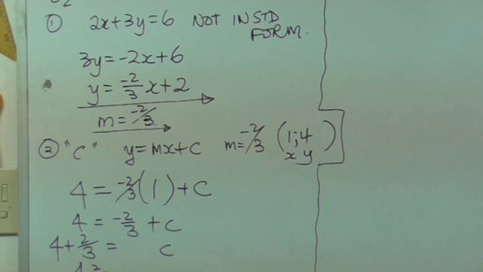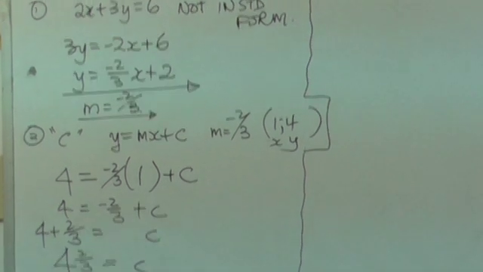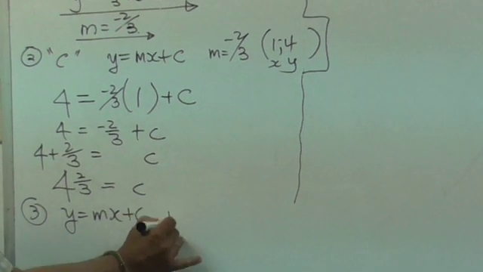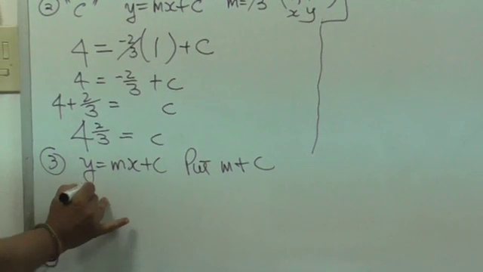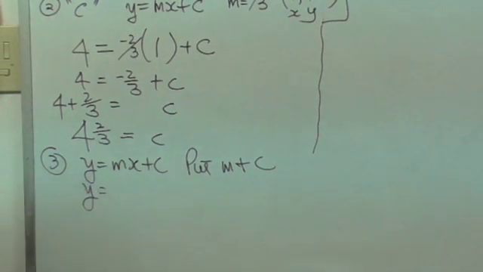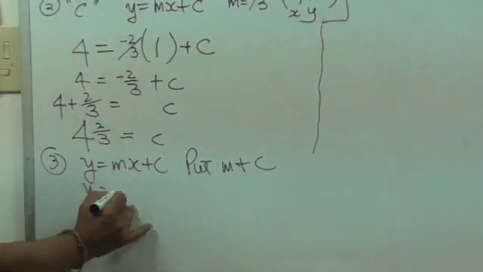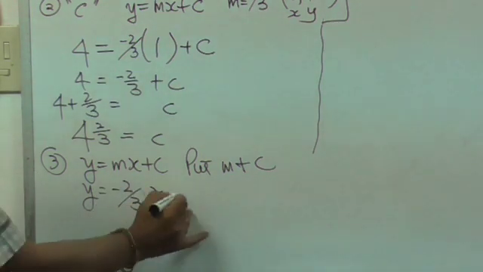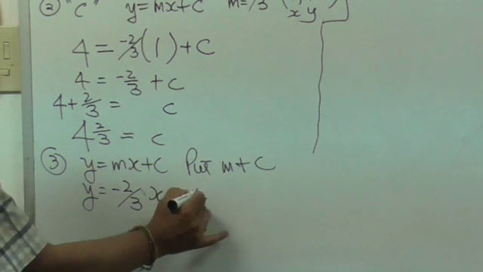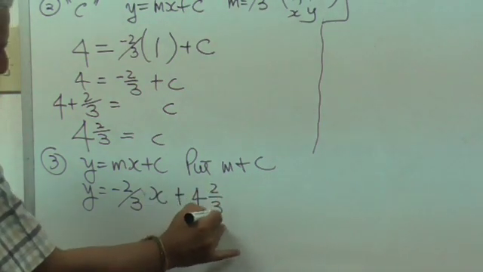You have found c. Now step 3: in y is equal to mx plus c, put m and c. So y is equal to minus 2/3 x plus c, which is 4 and 2/3.